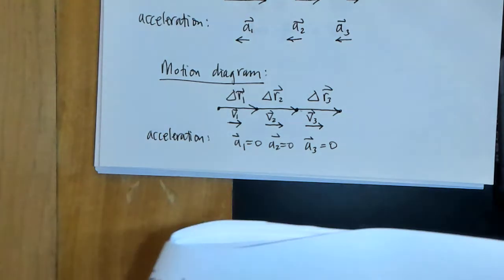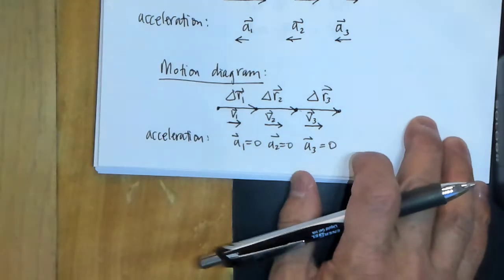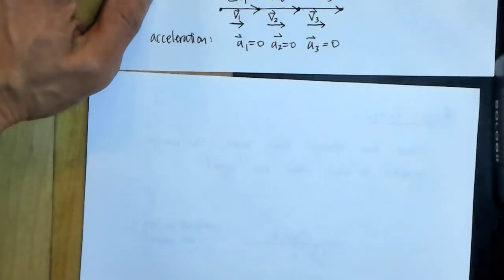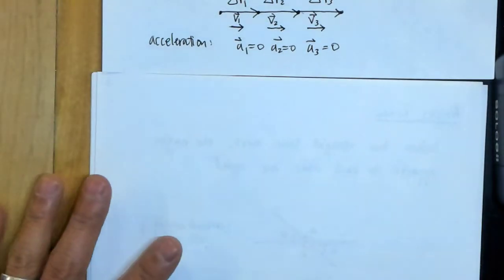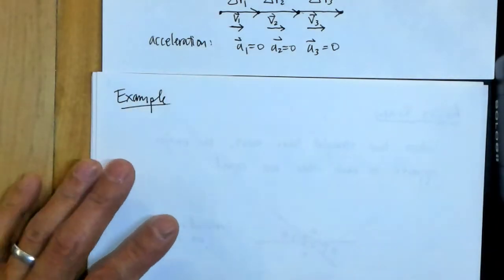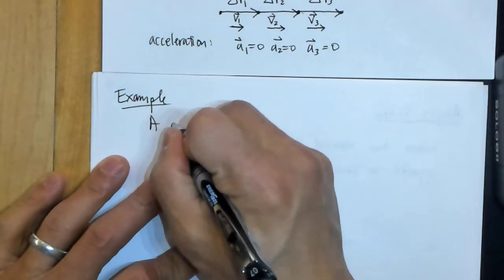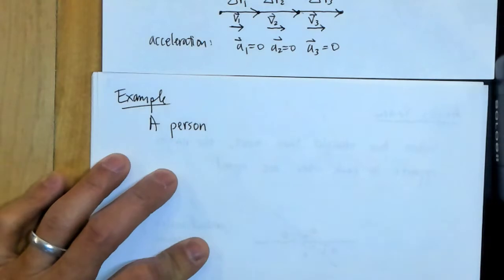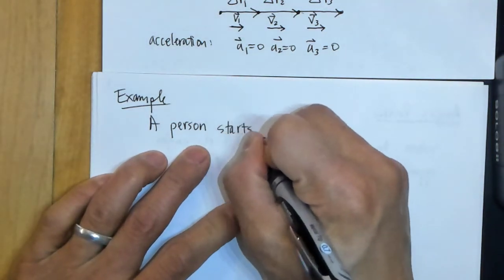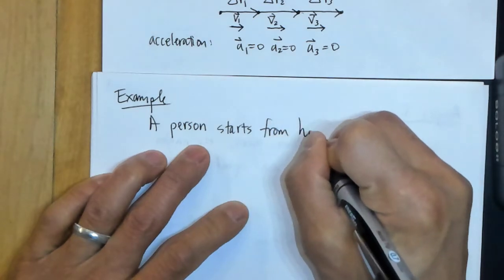Okay. At this point, let's try another clicker question. So let's take out clickers. Example. Let's say a person starts from home.